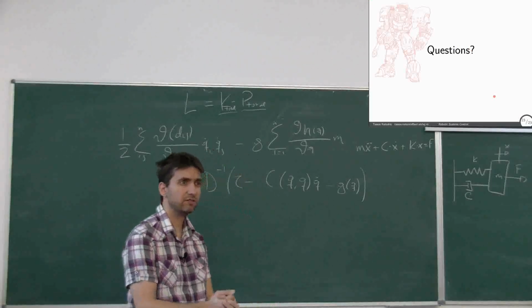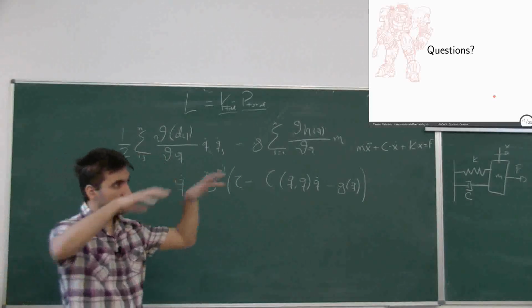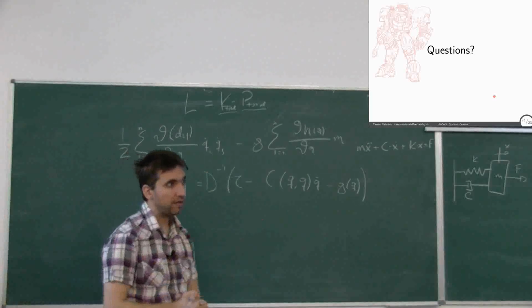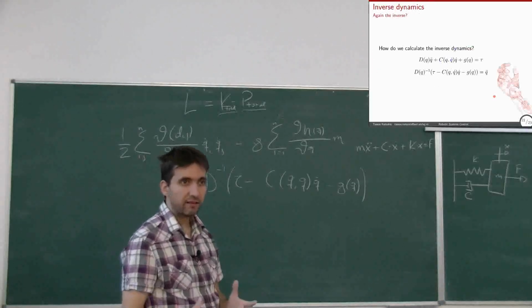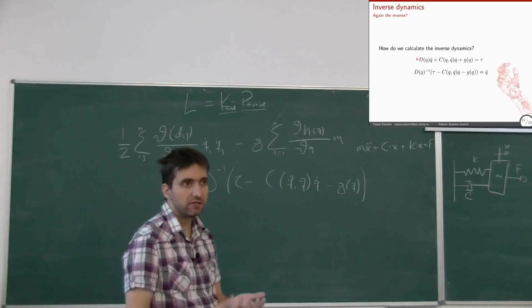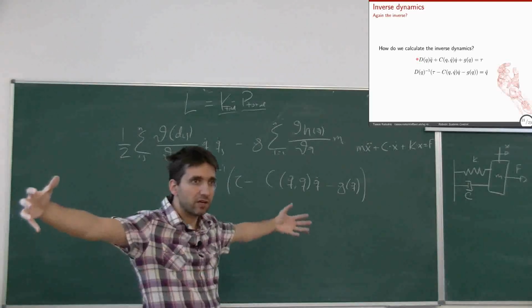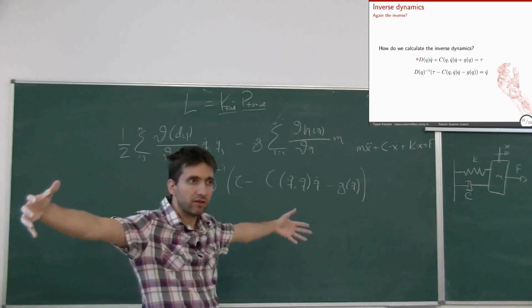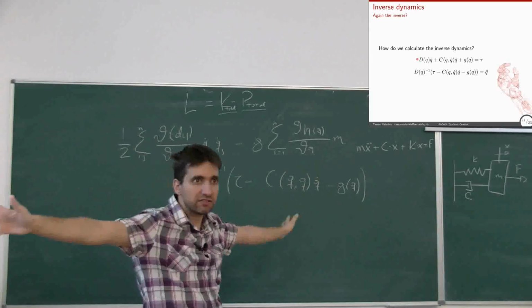Any questions? It's a long path. In the end, what's important is to understand that this matrix here, it's easy to calculate, right? We saw it's just that thing with the Jacobians and the moments of inertia and the masses, right? So you calculate it once for the robot and it's there.